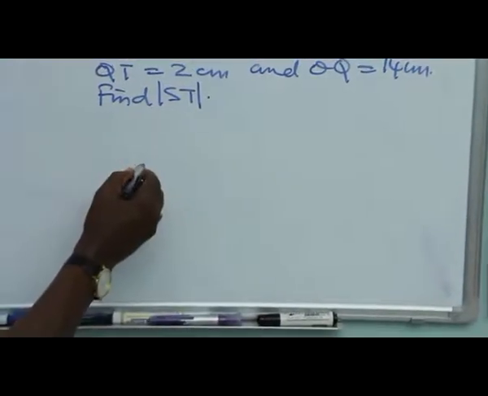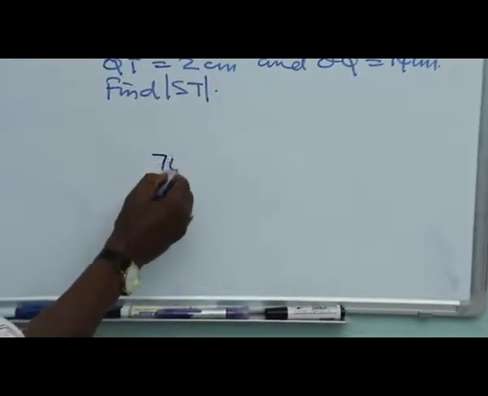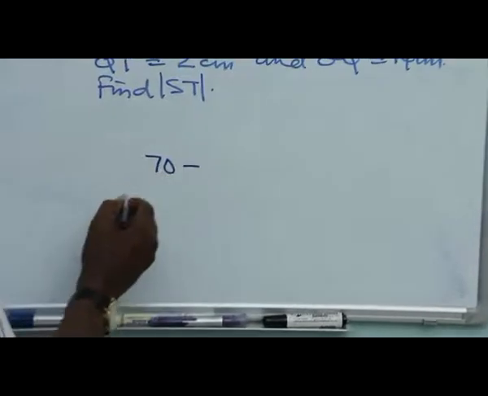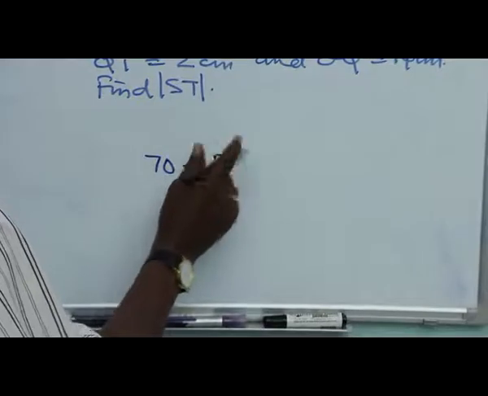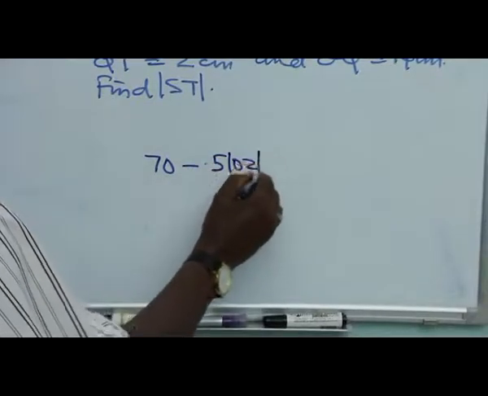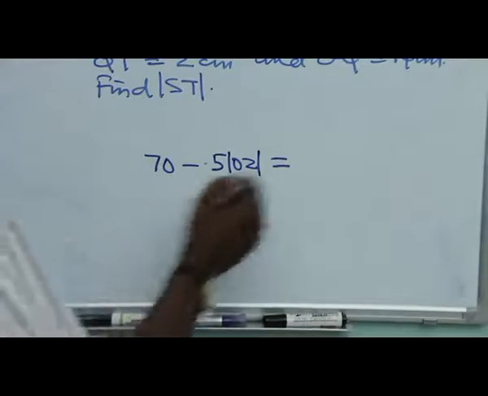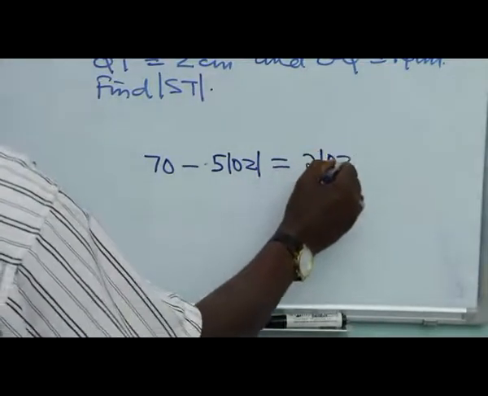And this will give us 70 minus 5 OZ equal to 2 OZ.